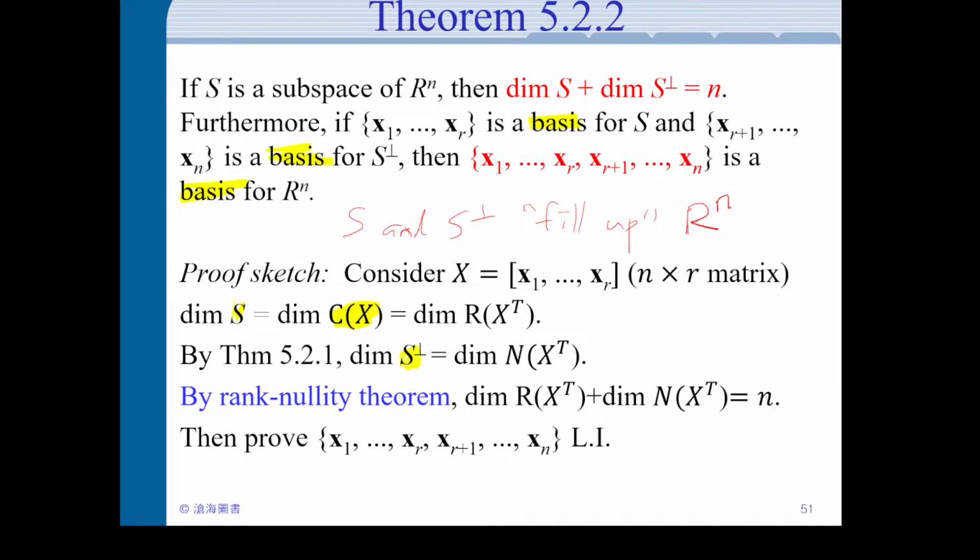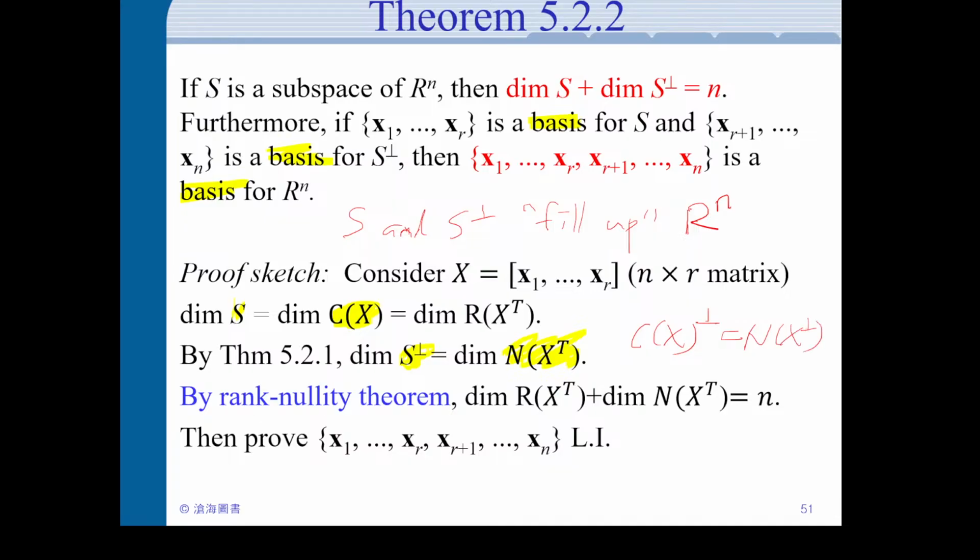S perpendicular will be the null space of X transpose. Let's write this down here. Something we just proved is theorem 5.2.1. We say the perpendicular to the column space of X is equal to the null space of X transpose.